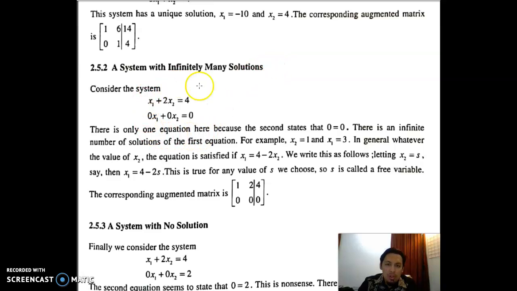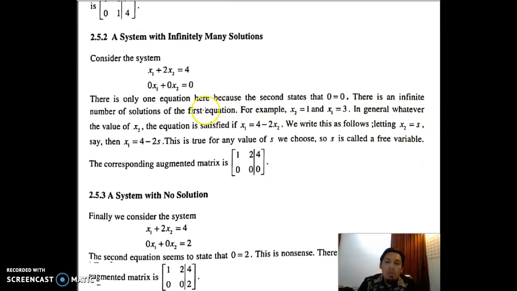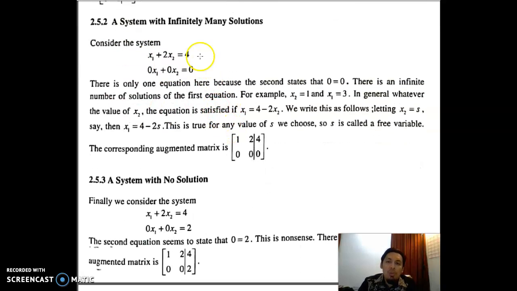And next we have a system with infinitely many solutions, right? For the other two systems, that is usually not the case, because the system can't really be developed in the first place. For example, we don't really write down 0x1 plus 0x2 plus 0 equal to 0. But if there is any, this will be a system with infinitely many solutions, because we can't really solve for x.